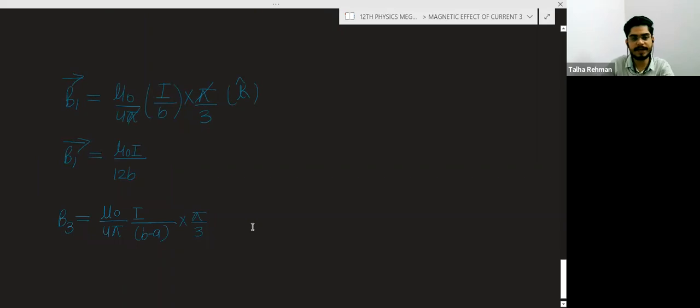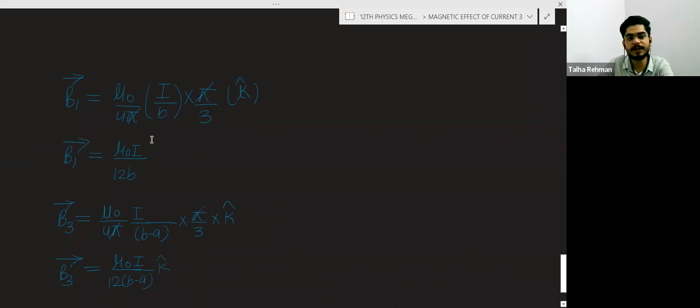Just multiply it with k cap in the positive direction. The pi and pi will cancel out. So the B3 vector you will get as mu naught divided by 12 into (B minus A), into I and k cap.